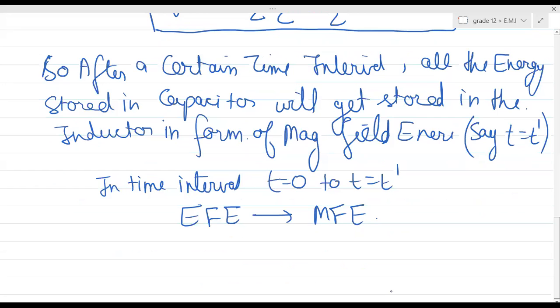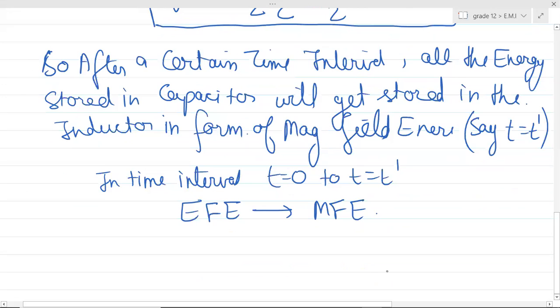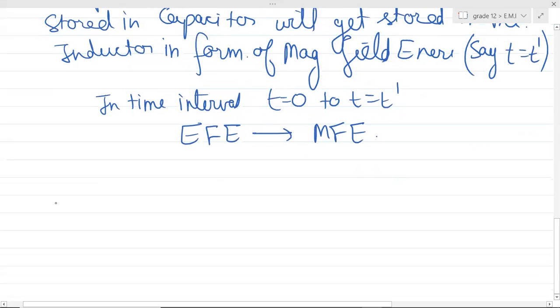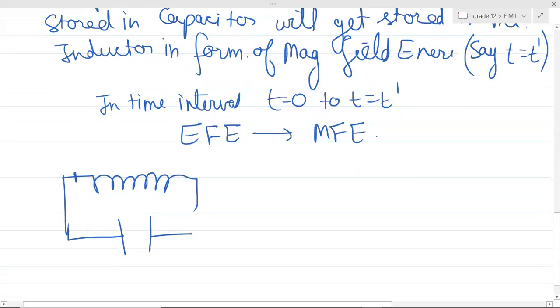Yes or no? So what will happen at this instant? The capacitor will become fully discharged. The charge on the capacitor becomes 0, and the inductor became fully active with a maximum current I naught.